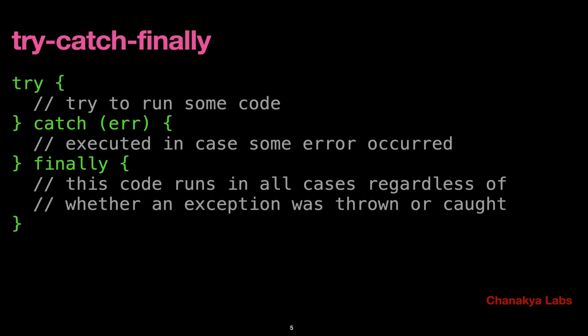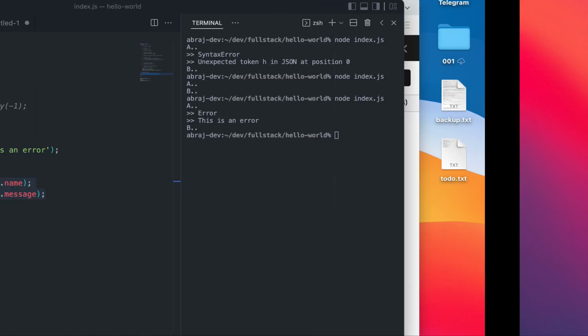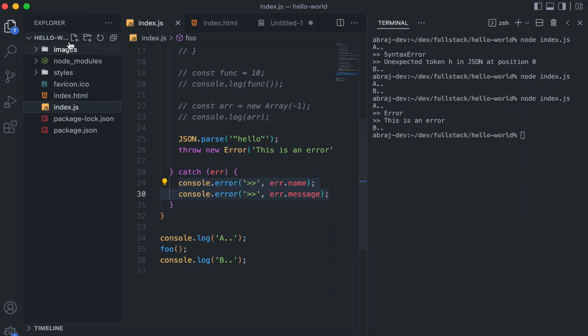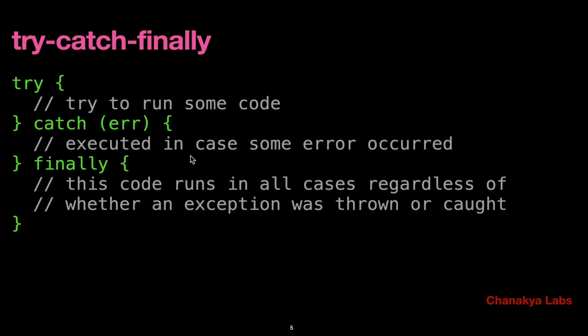In Node.js, you can read files inside your local file system, whatever files are there, you can open that and read that. So the first step is that you open that file. Then let's say in the try block, you are trying to modify or write something to that file. If that writing failed, then you want to properly handle it. If it failed, then in catch you can handle that.